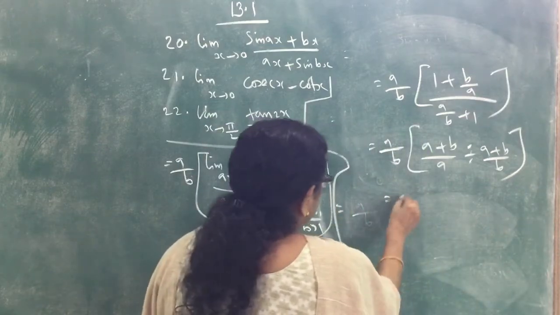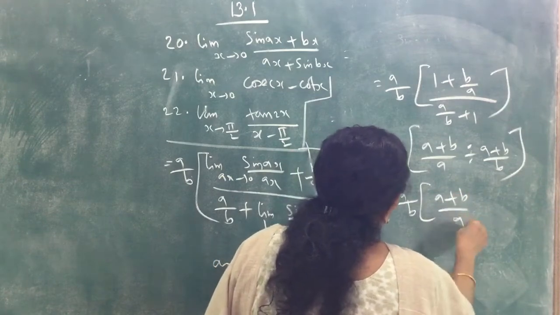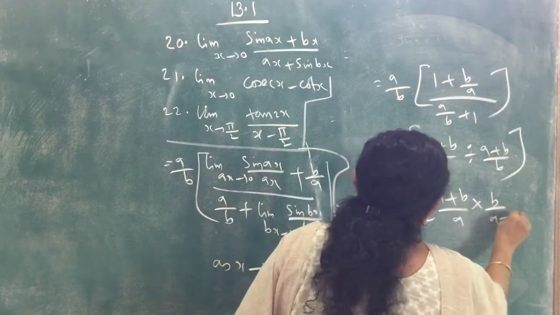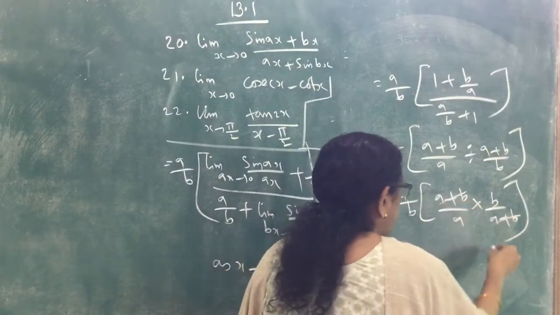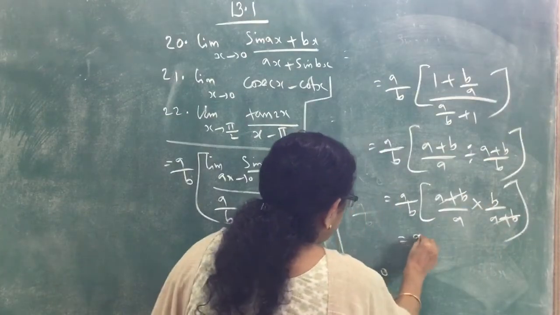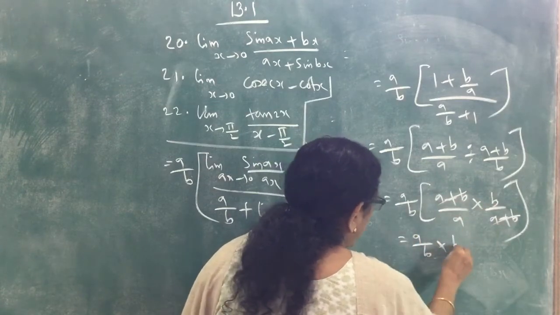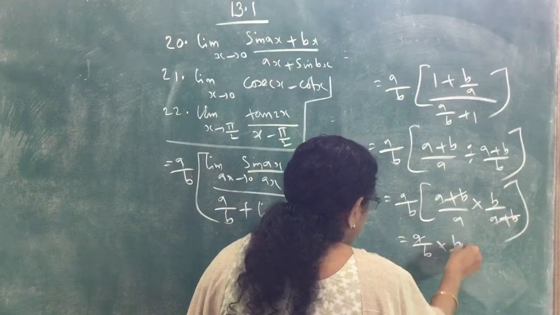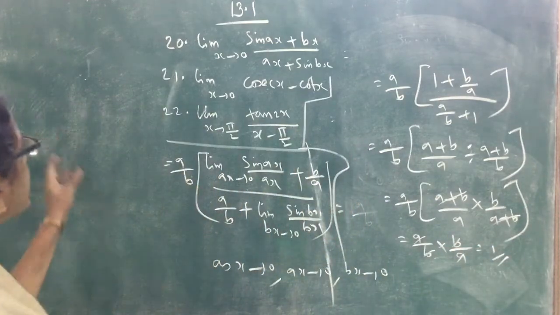That is equal to a by b into (a plus b) divided by a into b by (a plus b). Multiply by the reciprocal, so a plus b cancels and we get b by a. That is equal to a by b into b by a. Cancelling this we get 1. So the answer is 1.